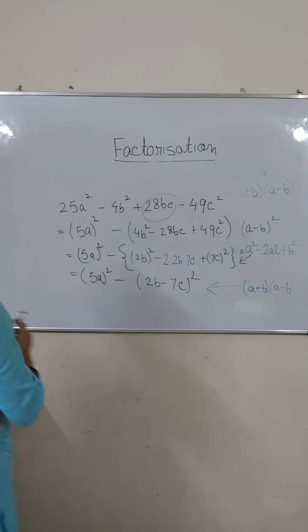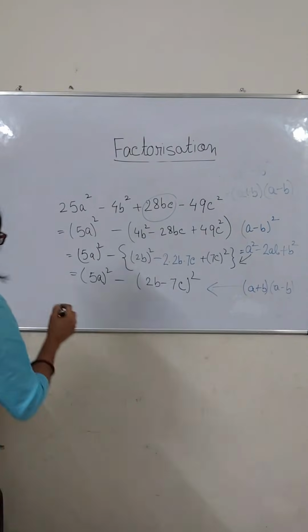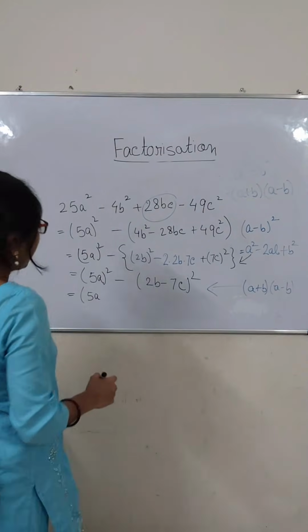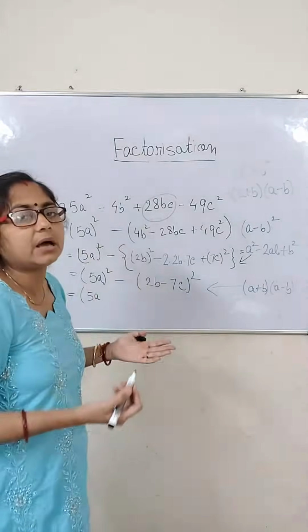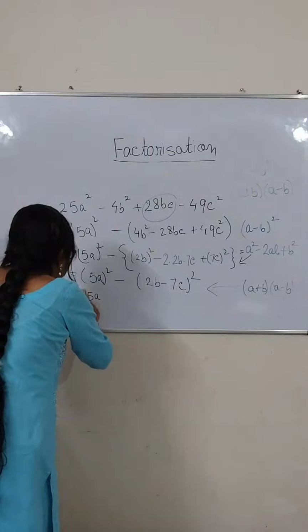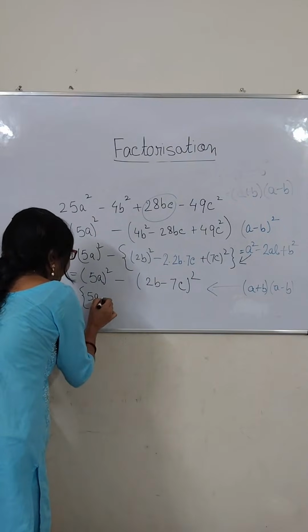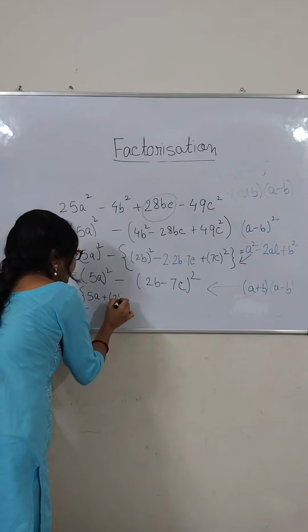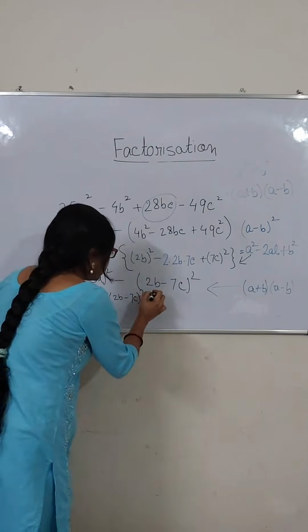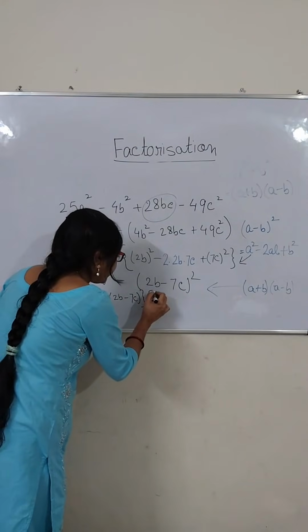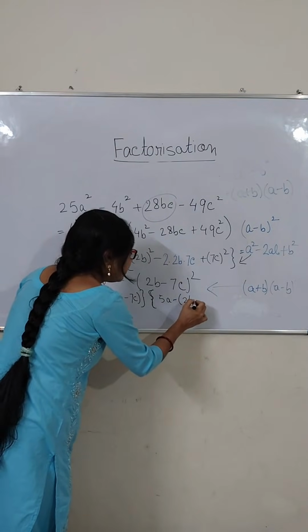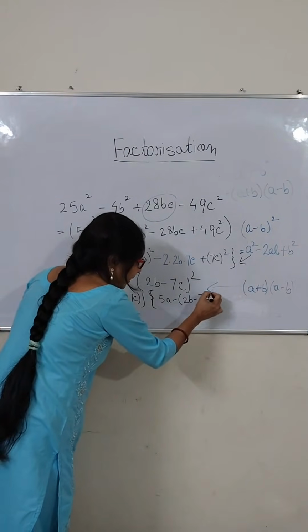Here a is 5a. Now first I write 5a, and listen, I can write the rest one time. Use the same bracket: 5a plus 2b minus 7c, bracket close. Then 5a minus 2b minus 7c, bracket close.